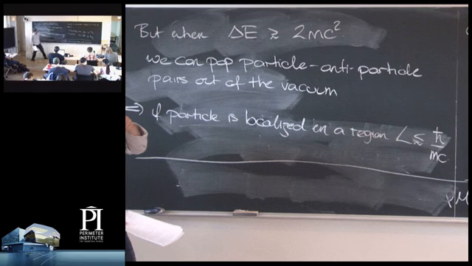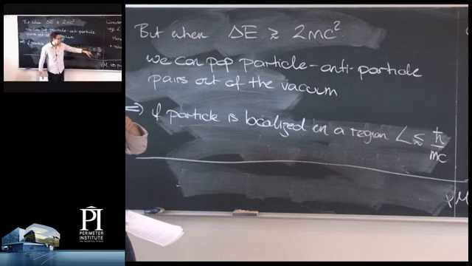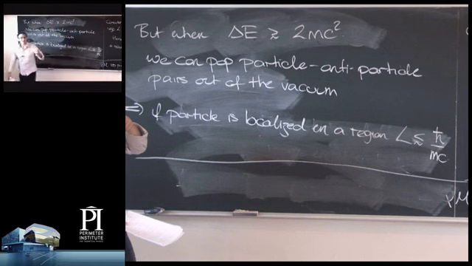Okay, the upshot of this is if you try to localize a particle in a small enough box, where I've dropped this 2 because this is all sort of order of magnitude estimates. But if you try to localize the particle in a box which is smaller than h bar over the mass of the particle times c, then it's not even possible to say that there's a single particle anymore. Because within that small region, there's a very likely chance that if you try to detect the particle, you may instead detect one of the particle antiparticles, which has just popped out of existence from the vacuum around it.